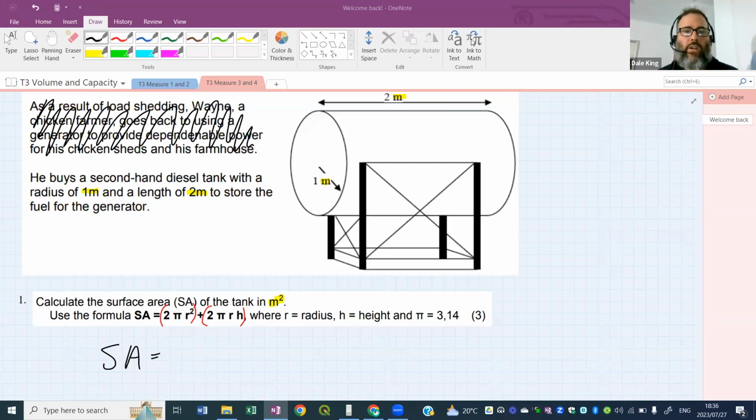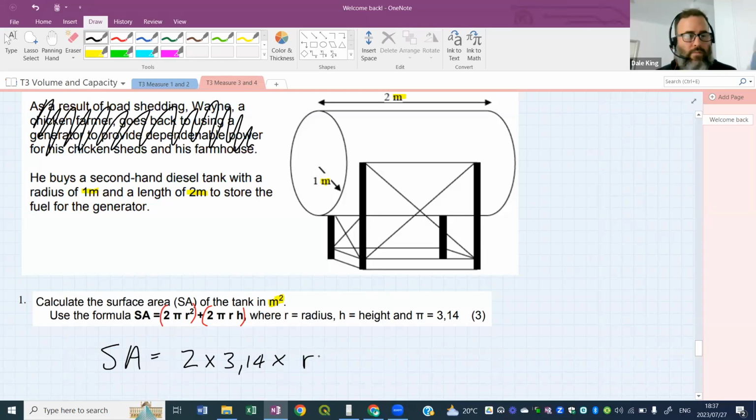Okay. All right. It looks like most of you got this done. So let's try this one out. Let's have a look. So we've got 2 times pi, which they say is 3.14, times the radius, which is given to us nice and easy.